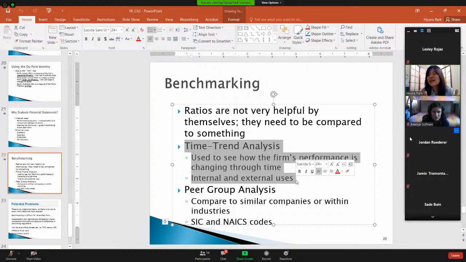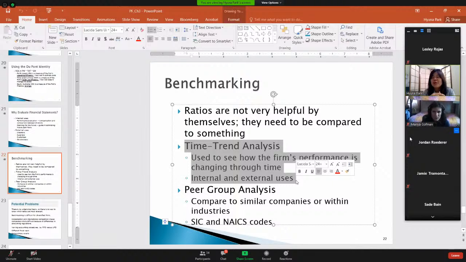When you look at the current ratio for the previous 5 years and it was always low, like 0.9, 0.8, 0.7, then you start thinking maybe it's the industry characteristics. A low current ratio maybe didn't cause any problems during the past 5 years. That means you don't need to worry too much about it right now. So the time trend is also important.